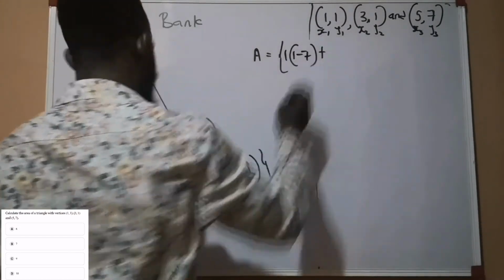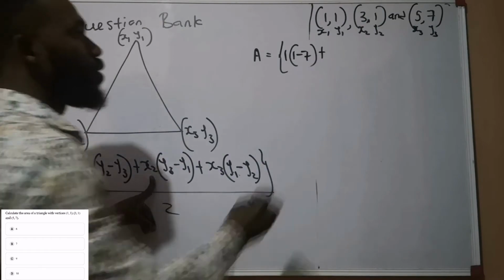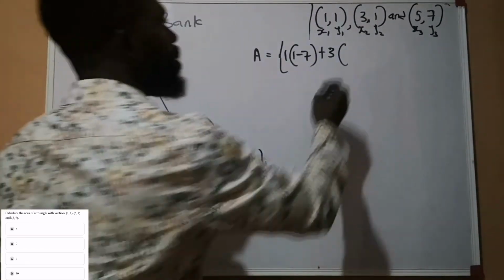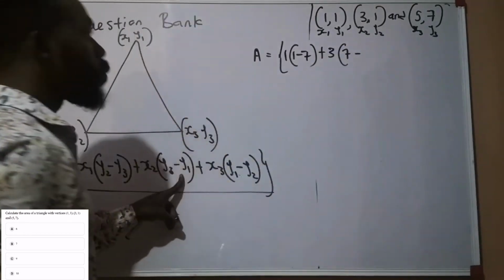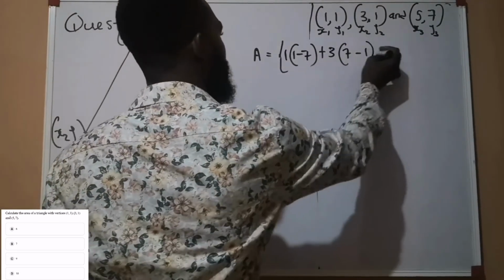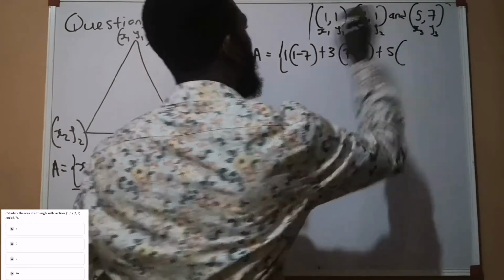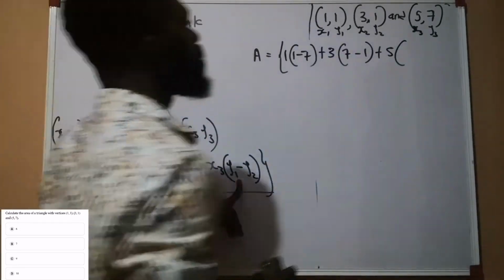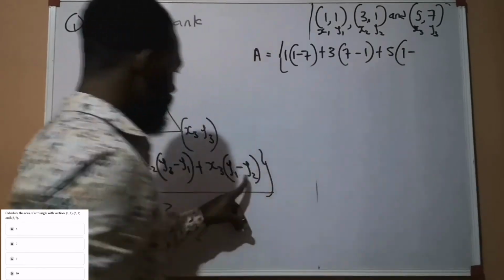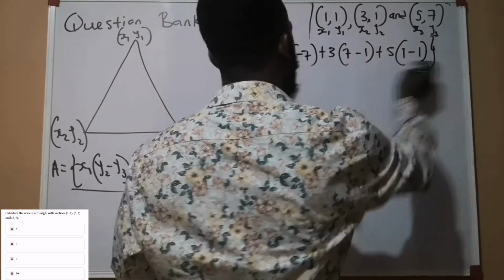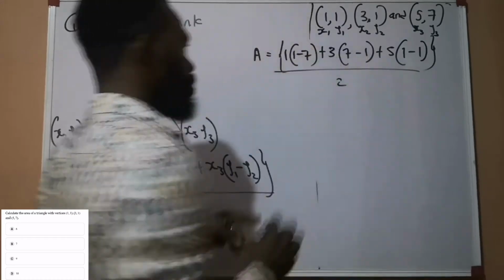Plus, what's my x2? x2 is 3 into bracket y3, y3 is 7 minus y1, which is 1, plus x3, which is 5, into bracket y1 is 1 minus y2 is 1, divided by 2.